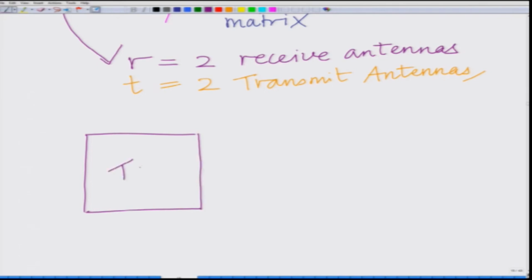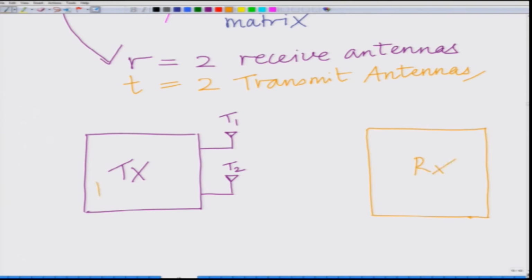I have a transmitter with 2 antennas denoted T1, T2, and on the other side I have a receiver with 2 receive antennas, R1, R2.